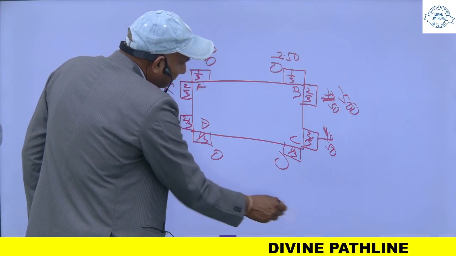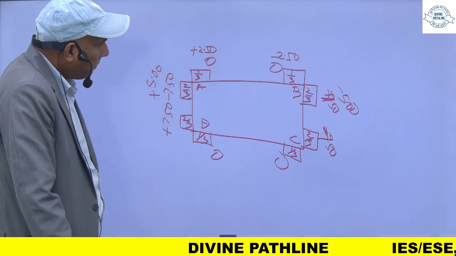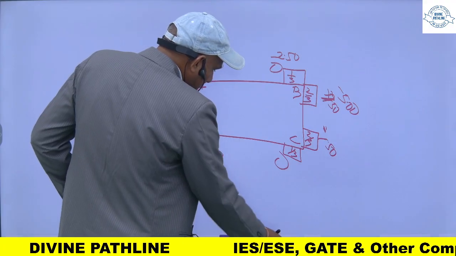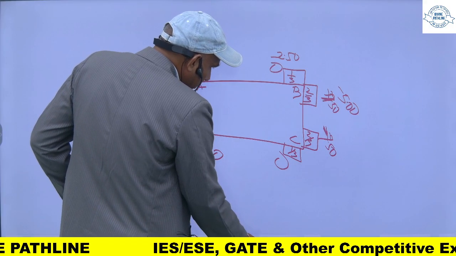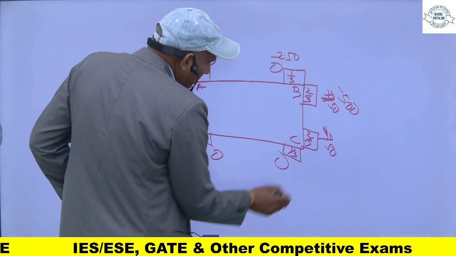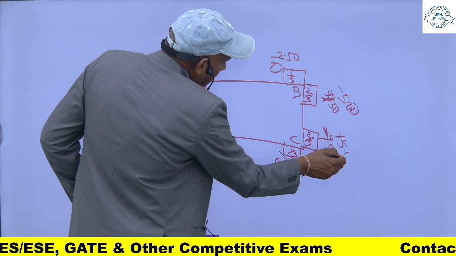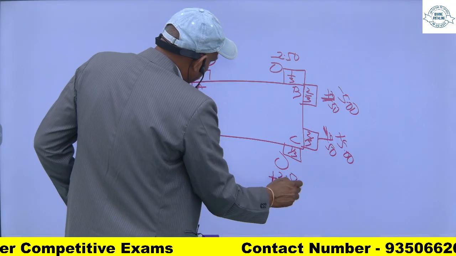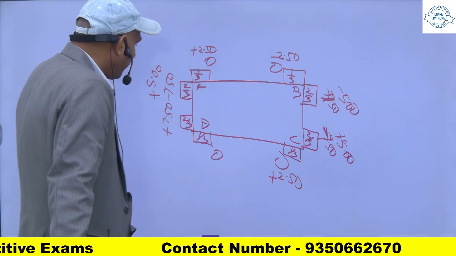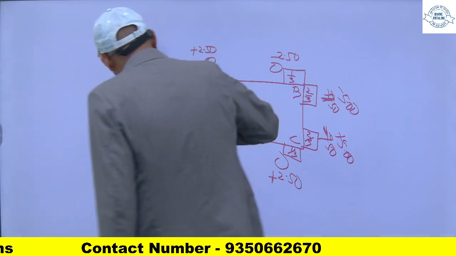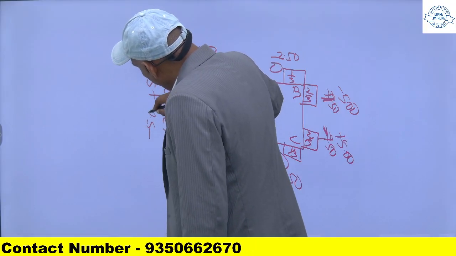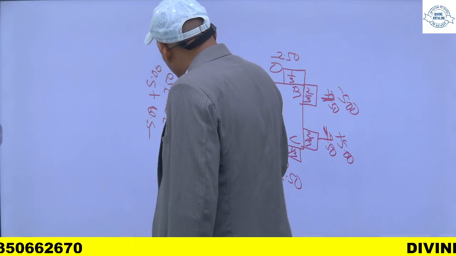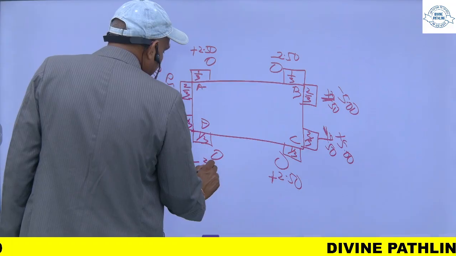Similarly, this is plus 5 and plus 2.50. The same here, this will be minus 5.0 and minus 2.50.